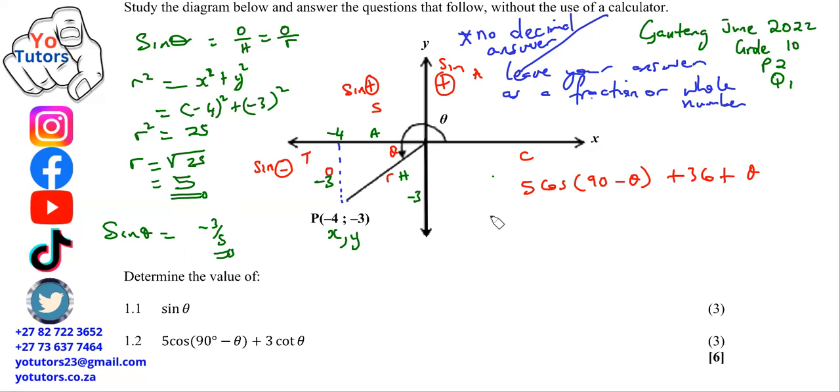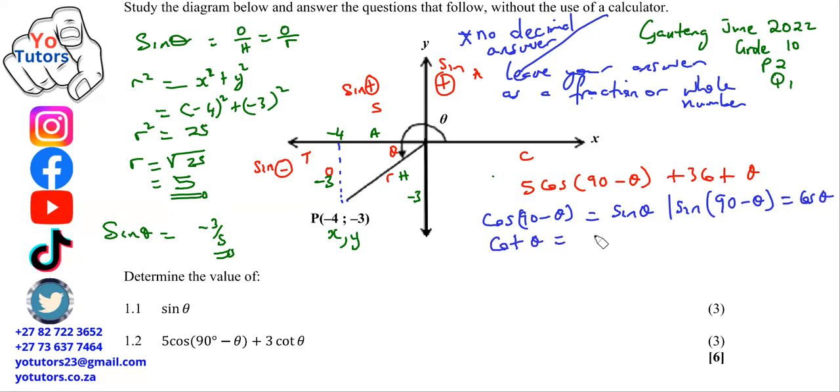According to the co-ratios, we know that cos(90° - theta) is equal to sine theta. Also, in future, if you're given sine(90° - theta), it is equal to cos theta. What about cot theta? Cot theta is equal to 1 over tan. So whatever value of tan we have, the reciprocal of that is going to be cot theta.